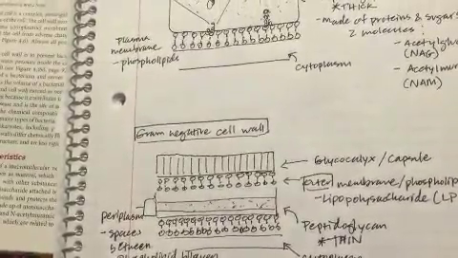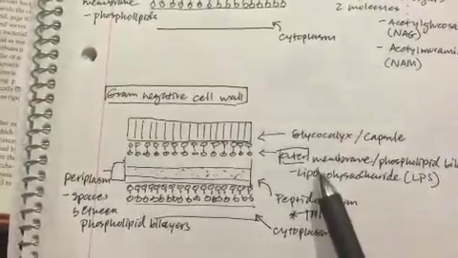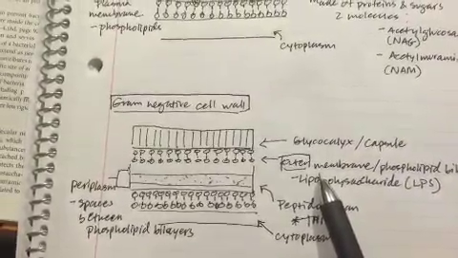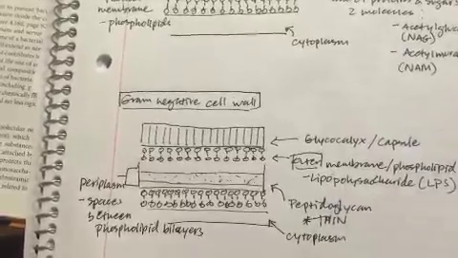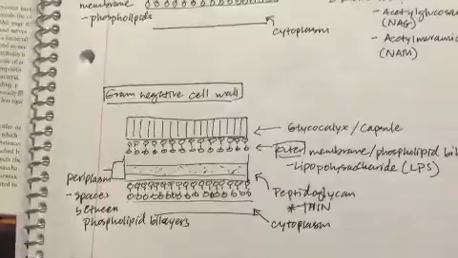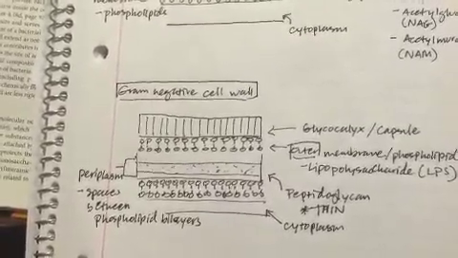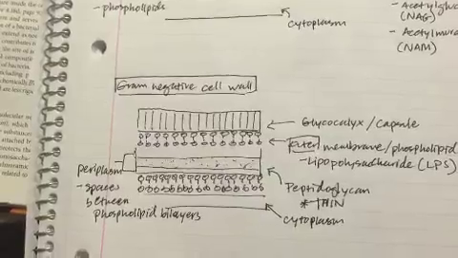These are found in the outer membrane of gram-negative cells. These are like little channels that allow things to come into the membrane and other things not to come in. So for example, bacteria love glucose, so this would be allowed to come in.